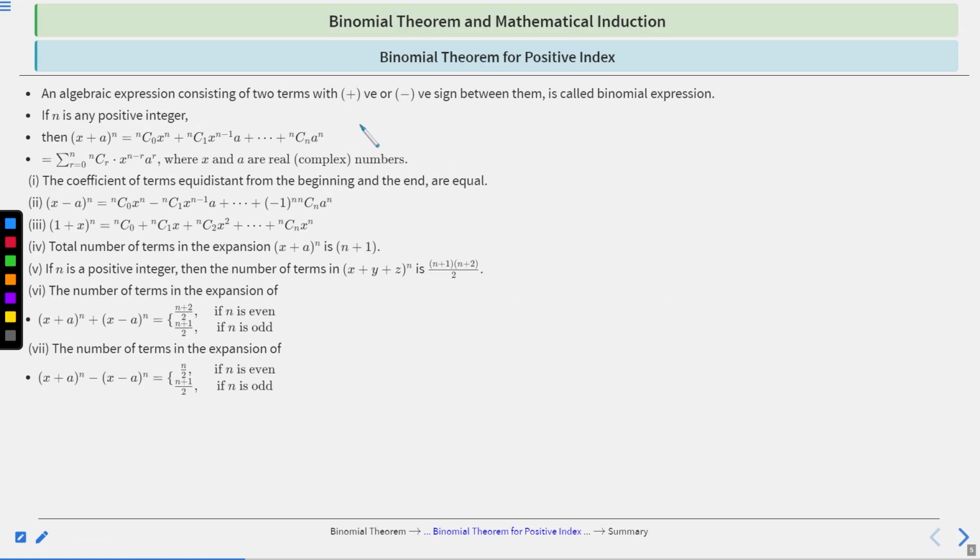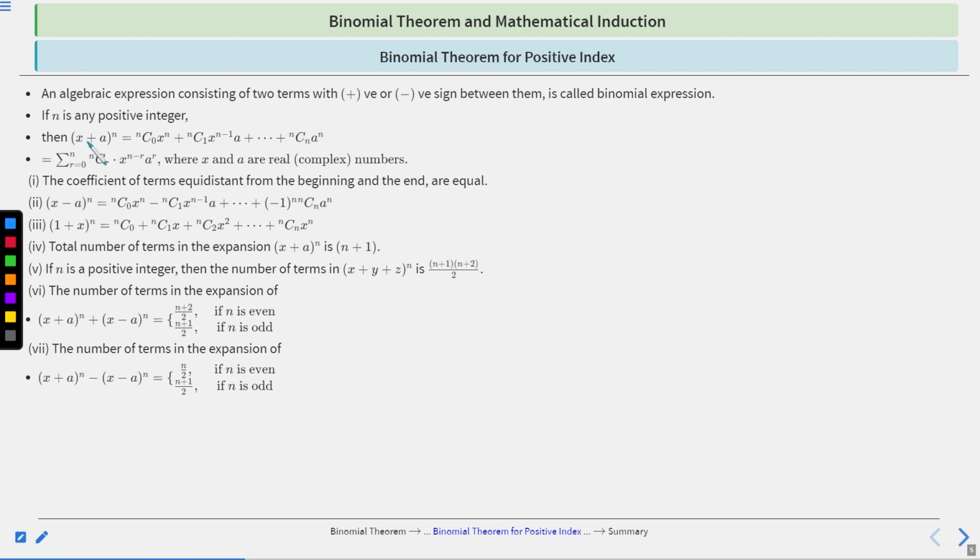Now, binomial theorem for positive index. An algebraic expression consisting of two terms with a positive or negative sign between them is called a binomial expression. If n is any positive integer, then (x + a)^n. See, there are two terms, x and a, and there should be some positive or negative sign in between them, right?